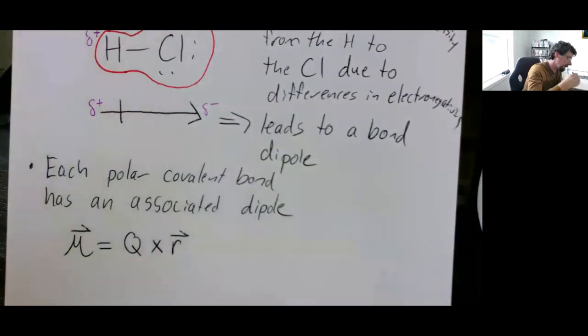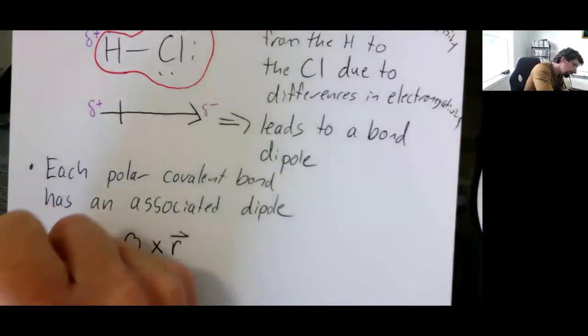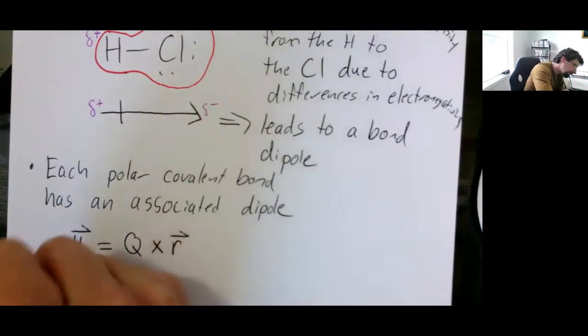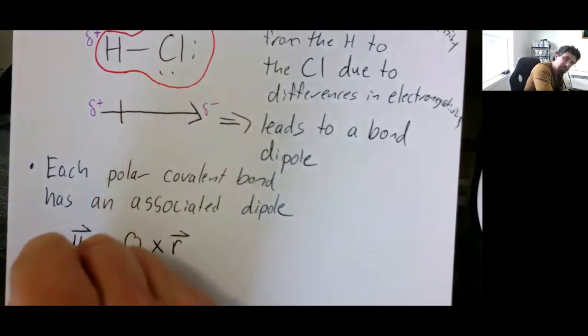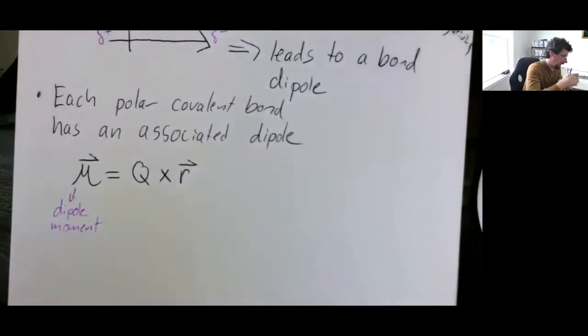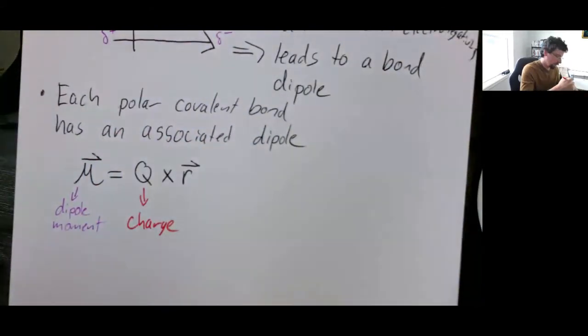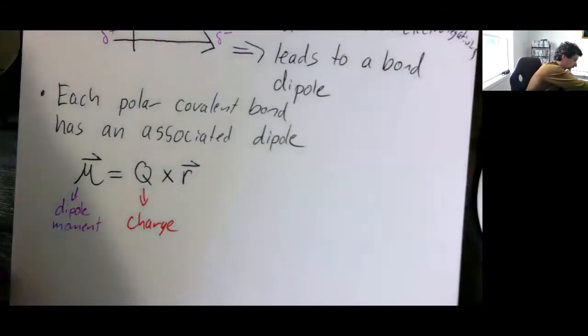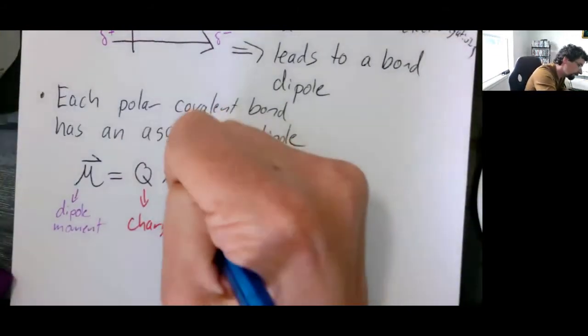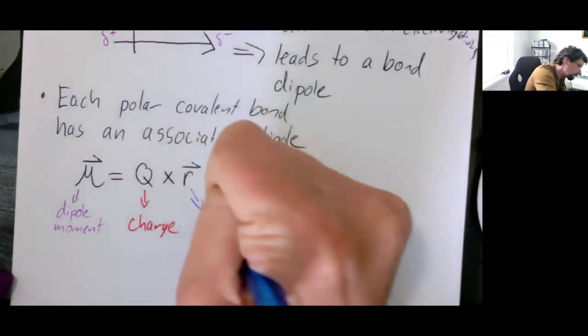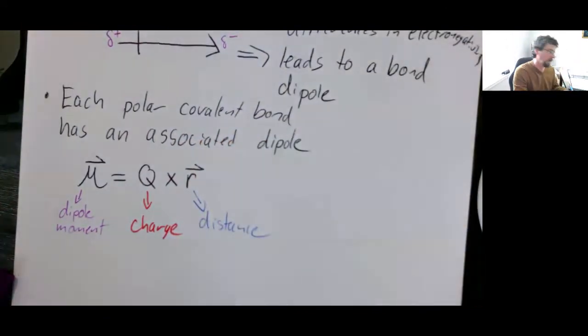So we have the dipole moment, we have the charge, the difference in charge, and then we have the distance, or the separation between the charges.